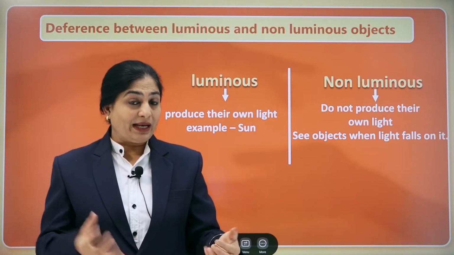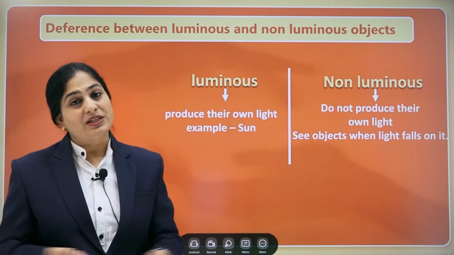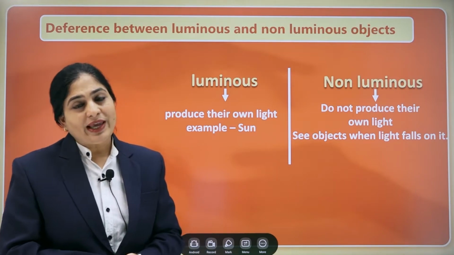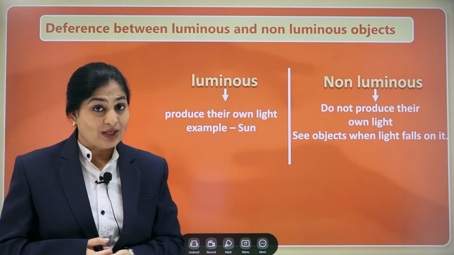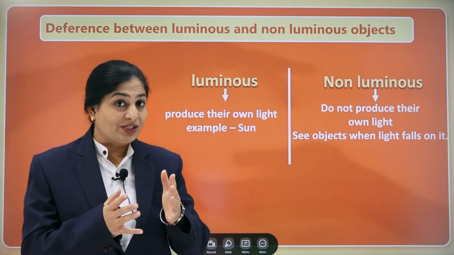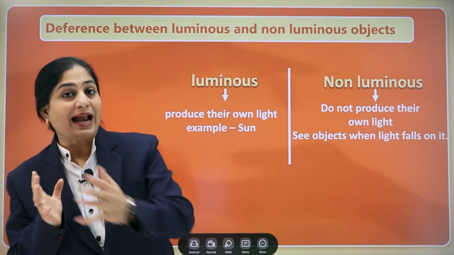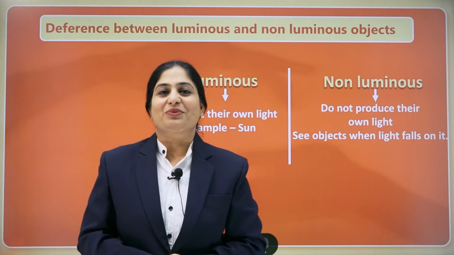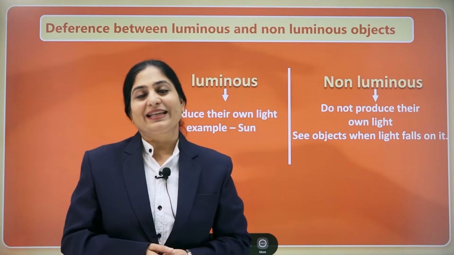You can see your pen, paper, pencil, copy, book, table, tree, and none of them emit light. We can see such objects easily because when light falls on them, they reflect it. We see an object when light falls on it, gets reflected and comes to our eyes. How this takes place, we'll discuss as we continue in the chapter.